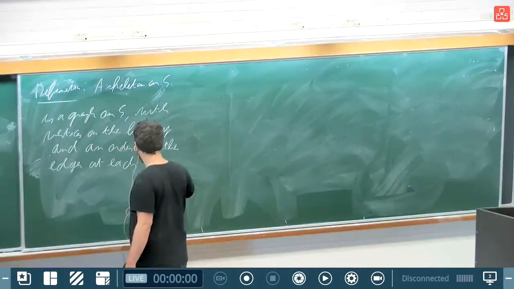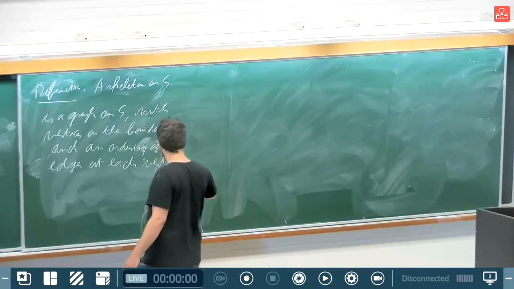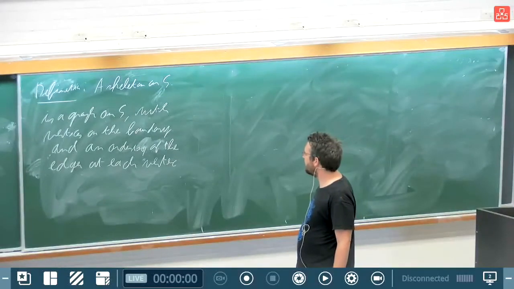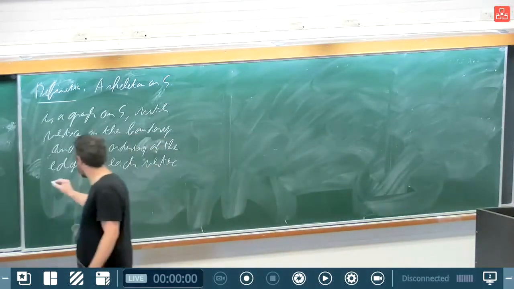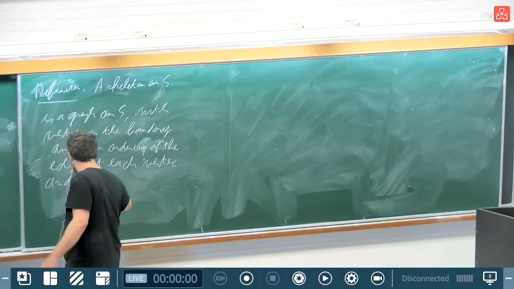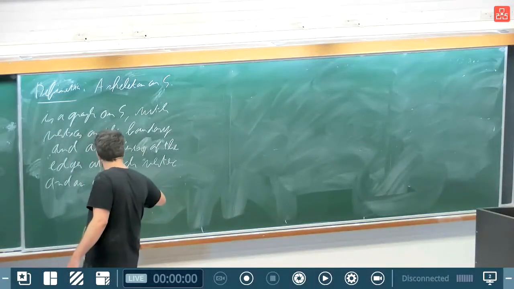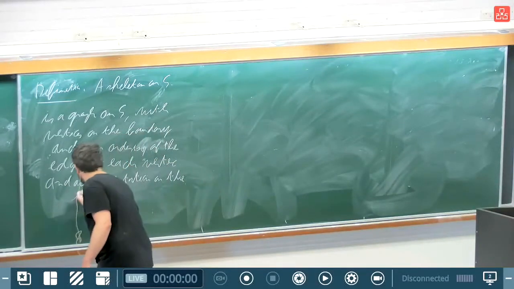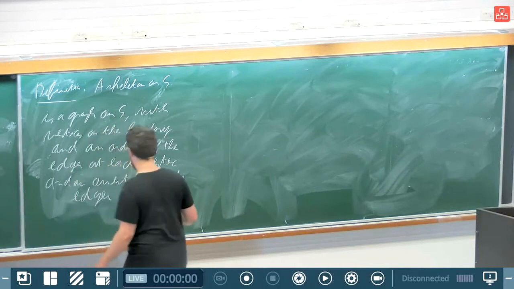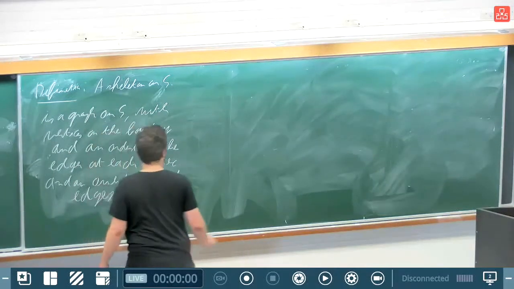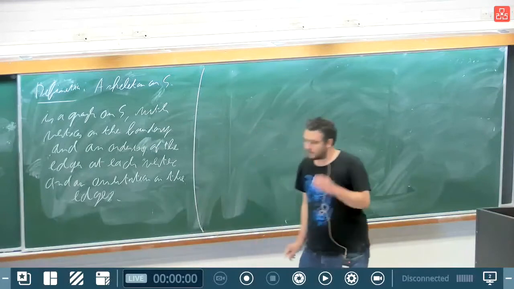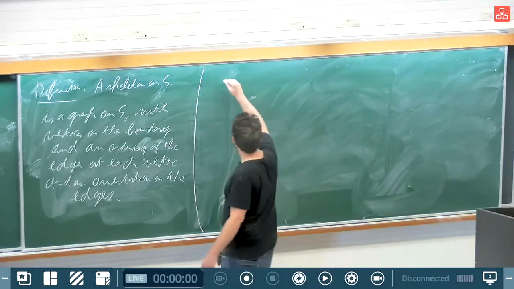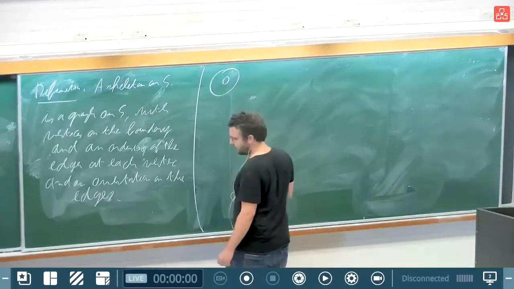And yeah, at some point maybe I need an orientation. Yeah, let's put an orientation on the edges. So this is one way of combinatorially describing a surface.